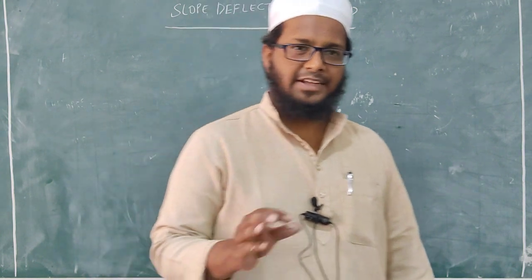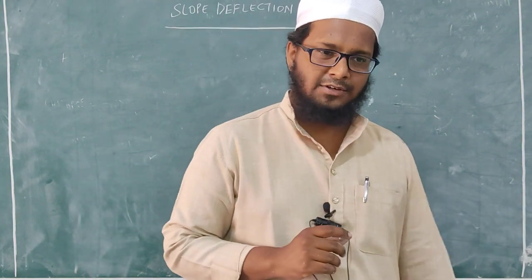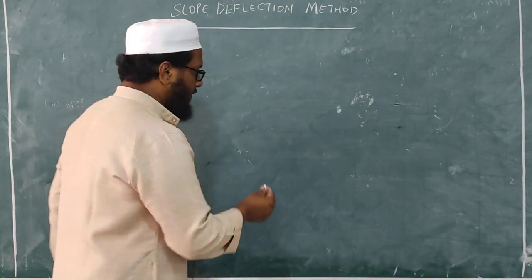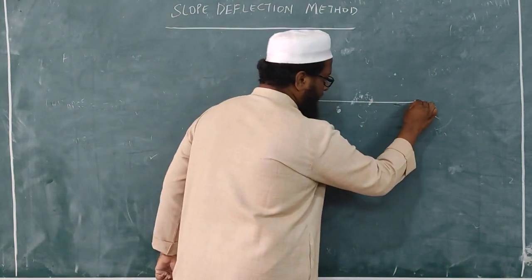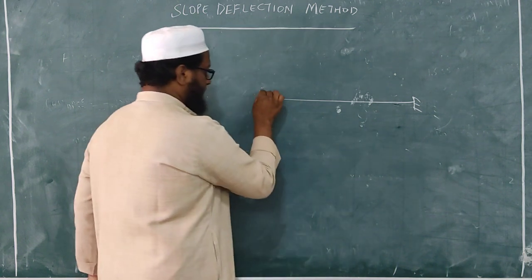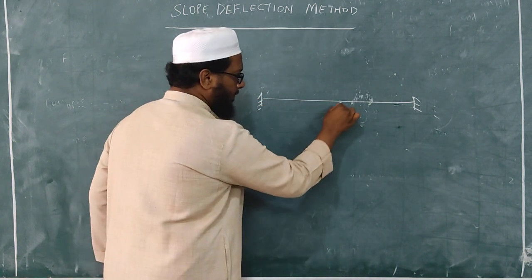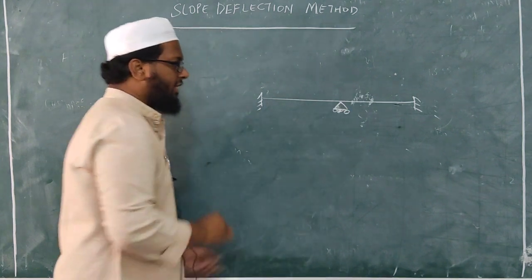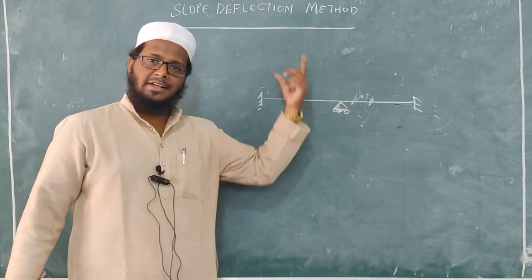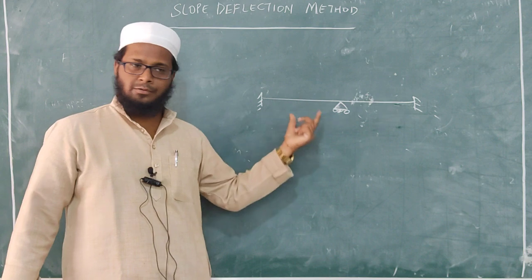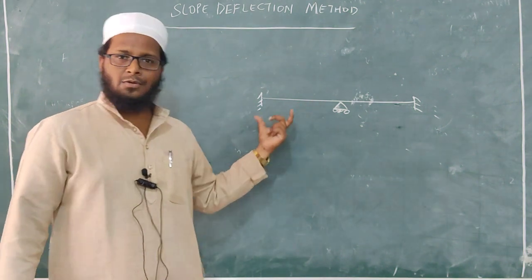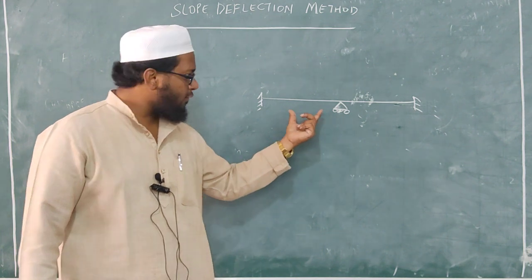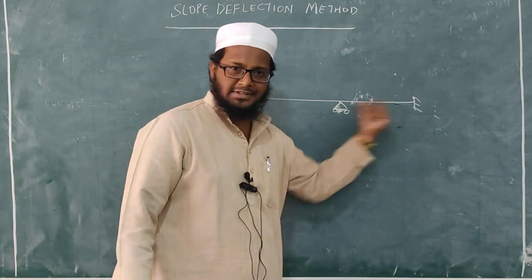So what happens actually, there are a few steps in the calculation of this slope deflection. Okay, so what happens is, you will be getting a beam like this. Now you see here, in the previous problems you might have come across only two supports, only one span, but now here we have two spans, AB and BC, right?